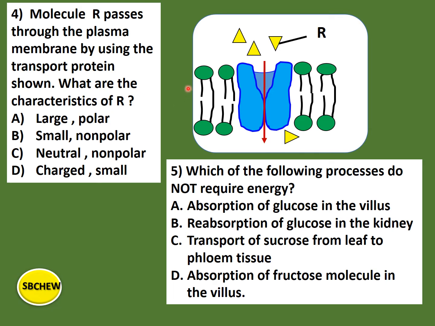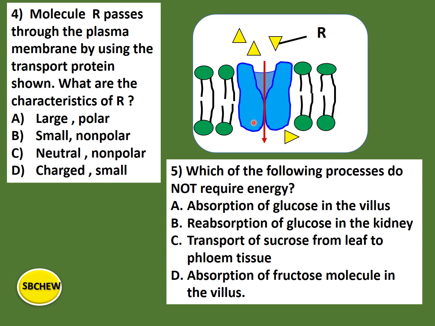Right, so coming back to question number 4, let's look at this picture. It shows a transport protein transporting molecule R through it. There are only two types of transport proteins: channel protein and carrier protein. Is this a channel protein? No, because there's no straight tunnel here. So it's most probably a carrier protein.